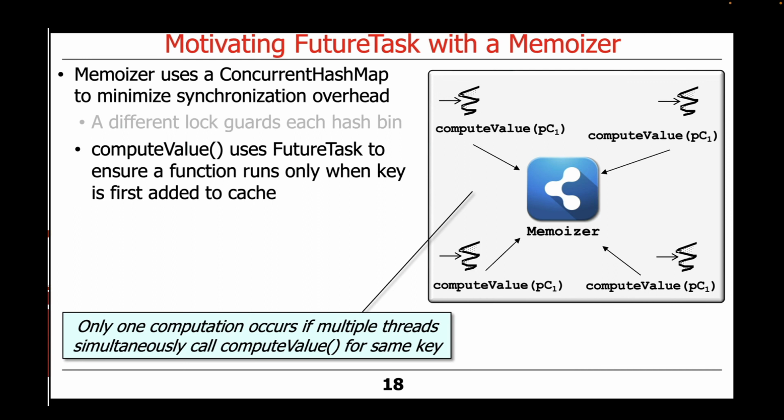And only one computation will occur even if multiple threads simultaneously call compute value for the same key. And I'll kind of describe the circumstances under which that could occur. But assuming that you had a whole bunch of threads and they were all coming in with the same key that had not been seen before at exactly the same time, we're going to use FutureTask to make sure we only call the function one time. And I'll also explain why that's important.